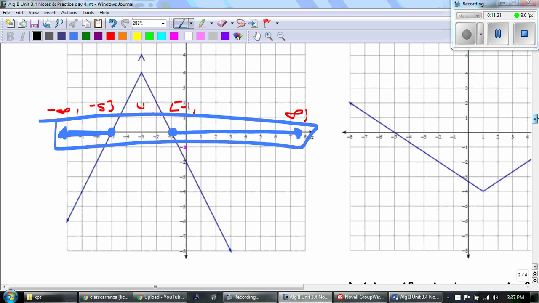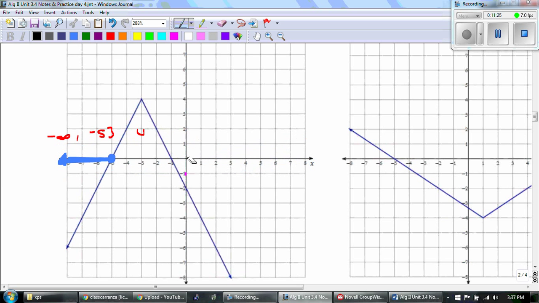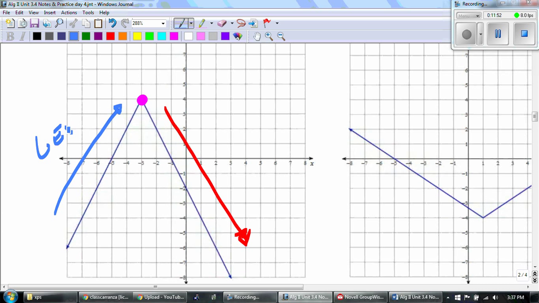Okay, and now, sorry guys, I have to erase all that stuff. We're asking ourselves, where is it increasing? Remember how we talked about finding the vertex and knowing which side is increasing versus which side is decreasing. My left side is increasing and my right side is decreasing.